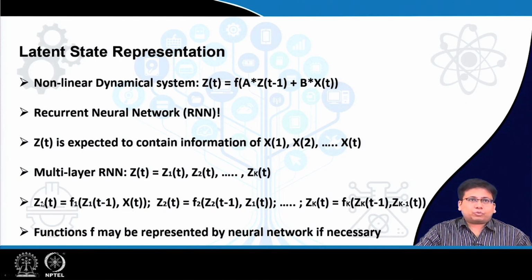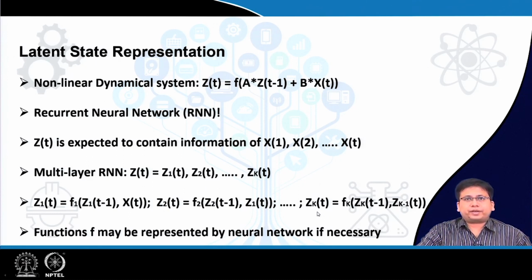Once z1 is computed, that value of z1 becomes input to the next layer, which is z2. So z2 at time t is a function of z2 at the previous time t minus 1 and z1 at time t, which has already been calculated. Once z2 is calculated, it will be passed on to the third layer where z3 at time t will be calculated, and so on.